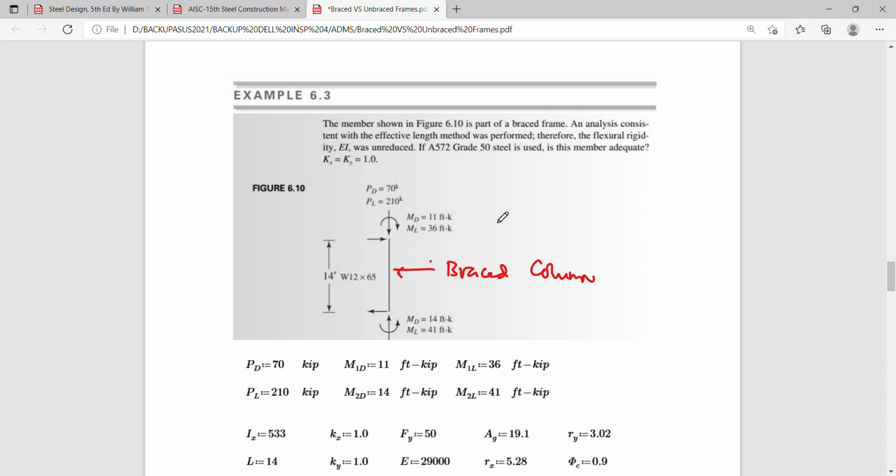Okay, since there is no lateral translation involved. So the properties of the steel is A572 with a yield strength of 50 ksi. So the flexural rigidity are not reduced, and also the effective length factor is assumed to be equivalent to 1.0.